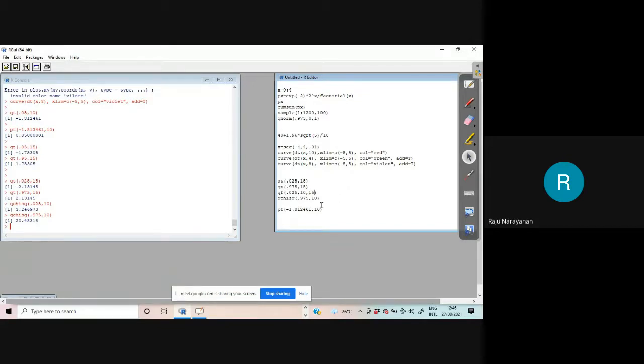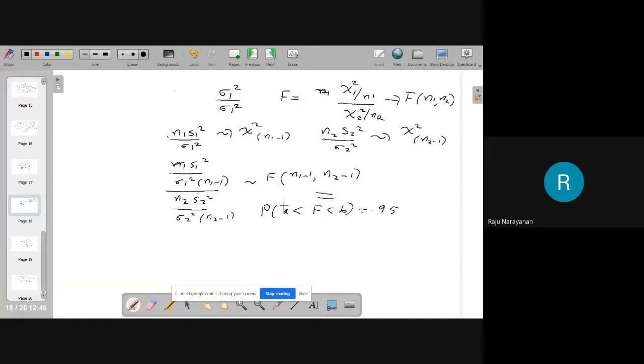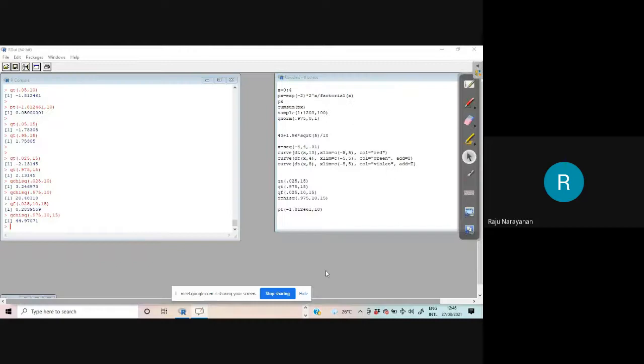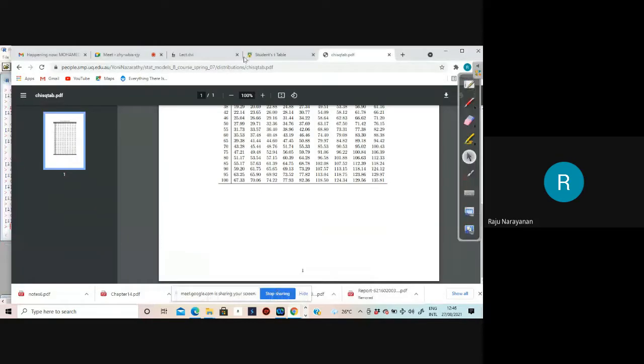Yes, 0.28 and 3.44. This is the lower limit and this is the upper limit. You substitute in this expression and you will get the value of A and the value of B. With this idea, you can take notes.